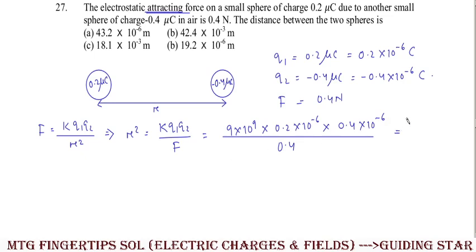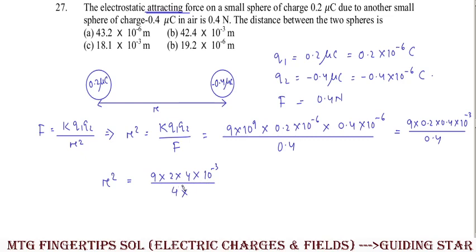So finally, in this particular case, how much will we get? So 9 into 0.2 into 0.4 into 10 to the power 9 minus 12 plus 9... sorry, minus 12 plus 9, so minus 3, whole divided by 0.4. So finally the value of r square that we are getting is 9 into 2 into 4 into 10 to the power minus 3 divided by 4 into this will be 4.